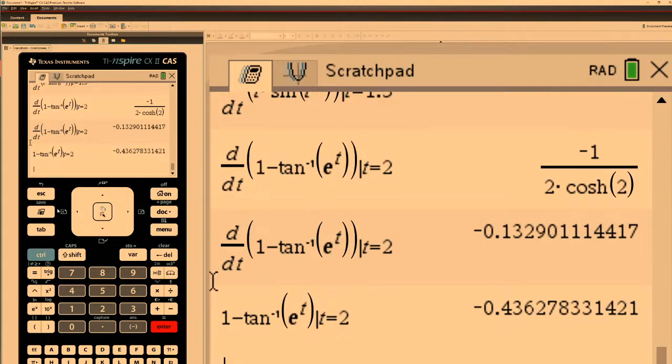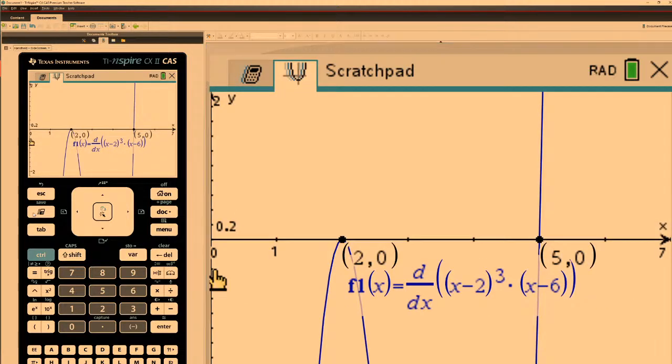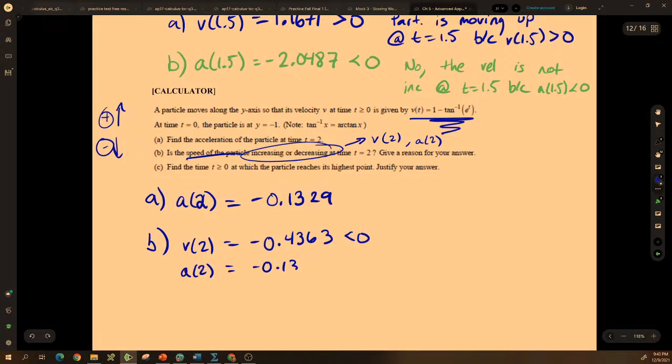So I get negative 0.4363. That's less than 0. Then I'm going to just rewrite that A of 2, which was negative 0.1329, is also less than 0.